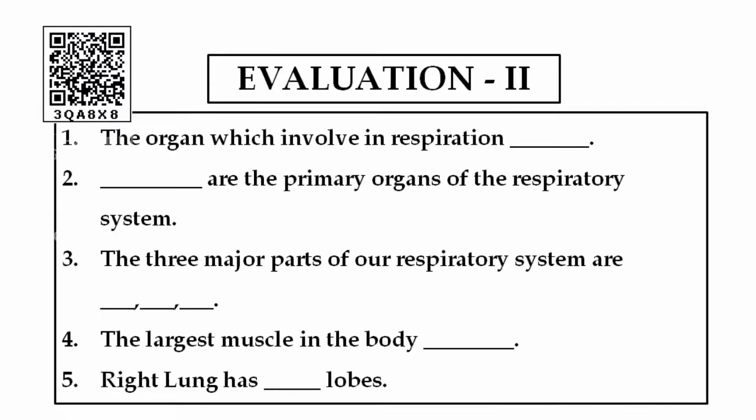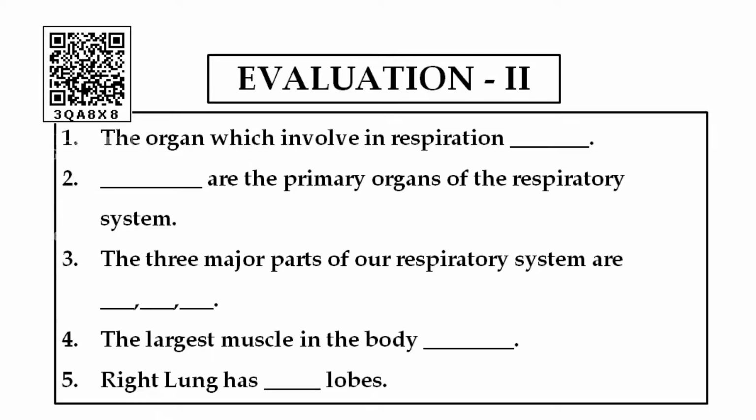Children, have you noted down the answers? Yes, a few more questions are here. Now, the organ which is involved in respiration? Second one, dash are the primary organs of the respiratory system.